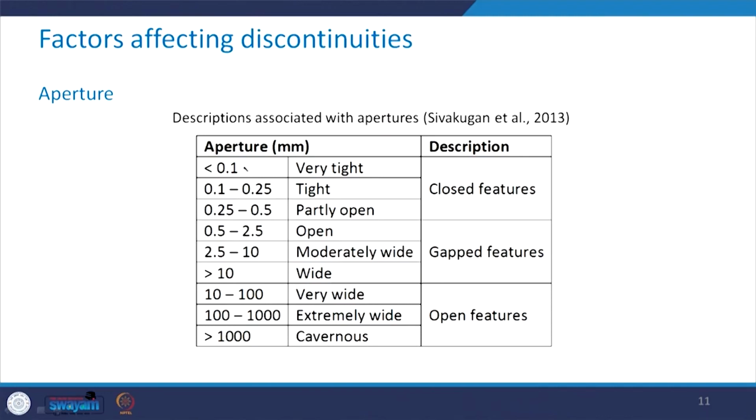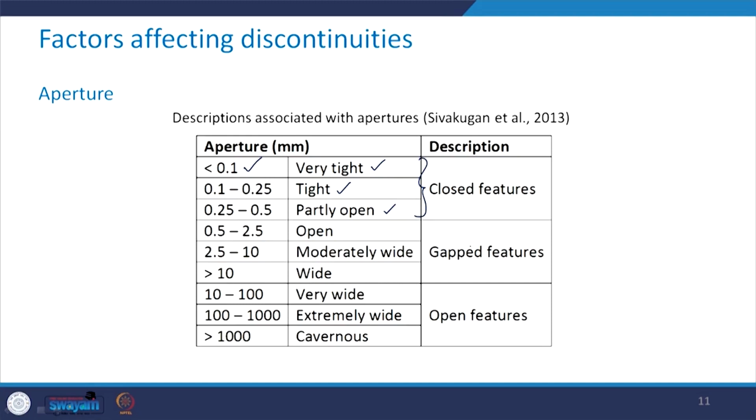Based upon the aperture, you can describe the discontinuity. If the aperture is less than 0.1 millimeter, it is called very tight. You see the first three categories, that is very tight, tight and partly open, fall under the category of closed features. That means the aperture varies from less than 0.1 to 0.5 millimeter.